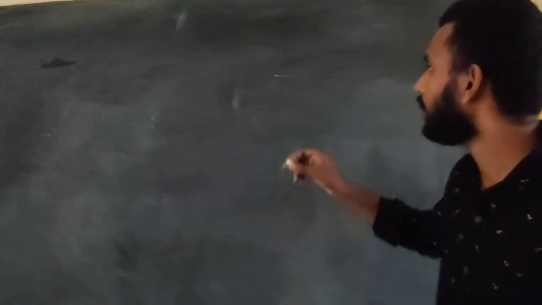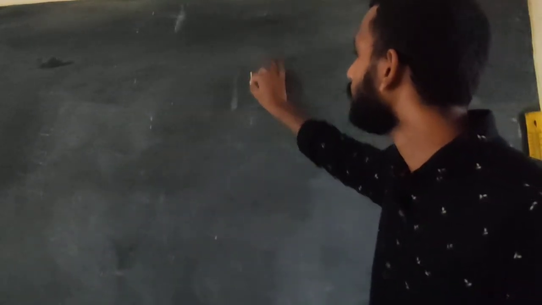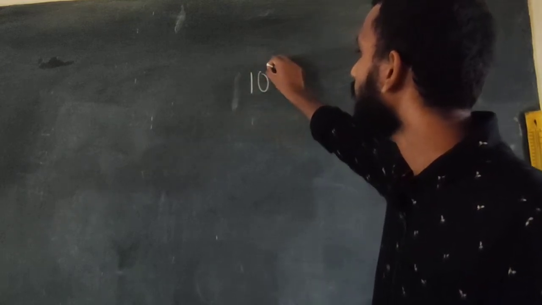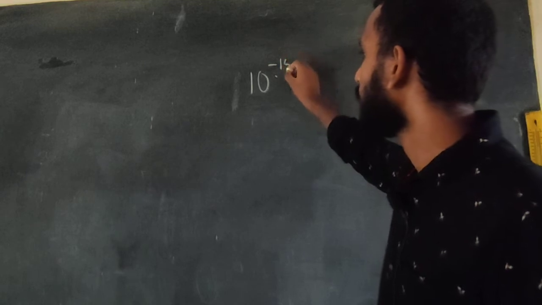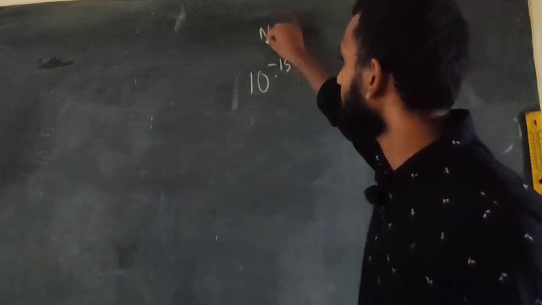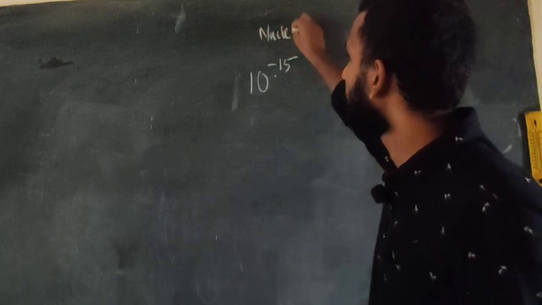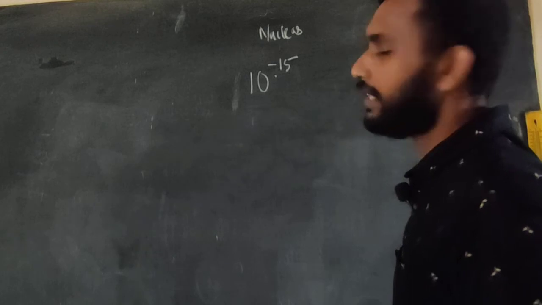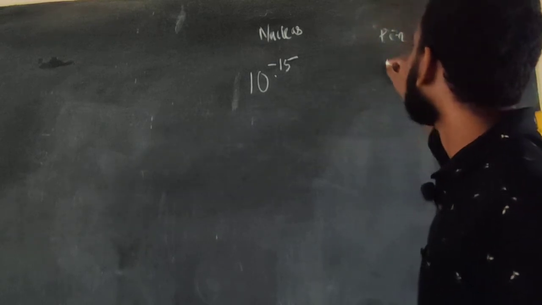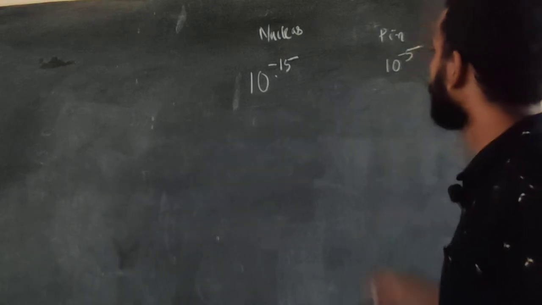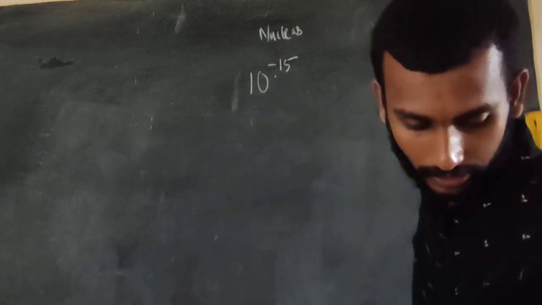So, we are given the size of the nucleus as 10 to the power minus 15. Let us take 10 to the power minus 15, that is of the nucleus. Now, for the pin it is 10 to the power minus 5, isn't it? 10 to the power minus 5 is the given value.